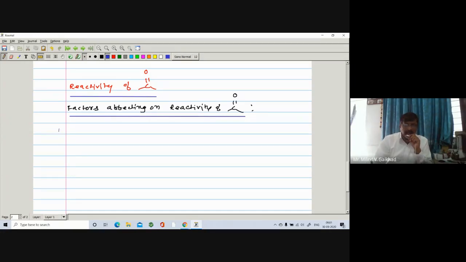So the first factor is the inductive effect. We know what is meant by inductive effect.